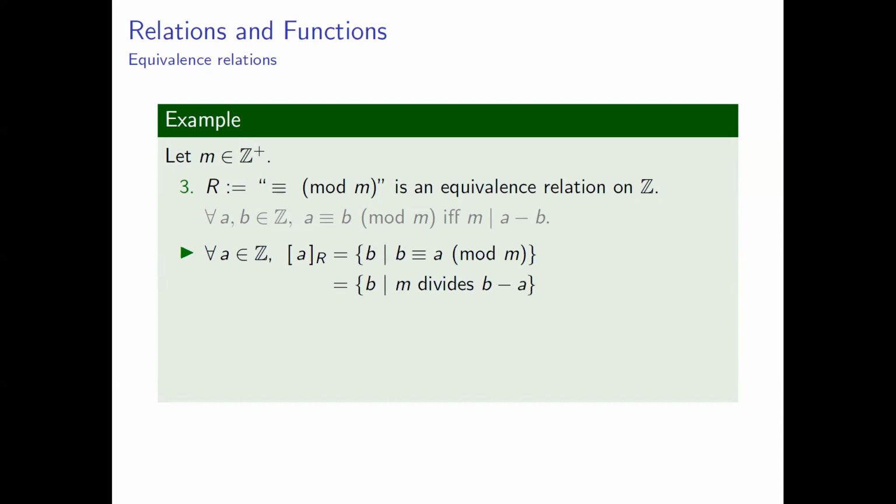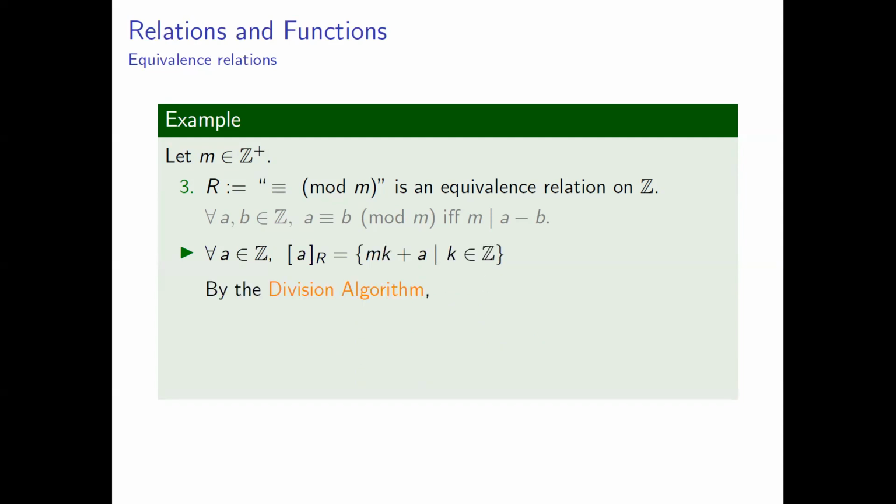That is, m divides b minus a. By the definition of divides, for some integer k, b minus a is equal to m times k. Equivalently, b is equal to mk plus a. So the equivalence class of a is the set of all integers of the form mk plus a for any integer k.